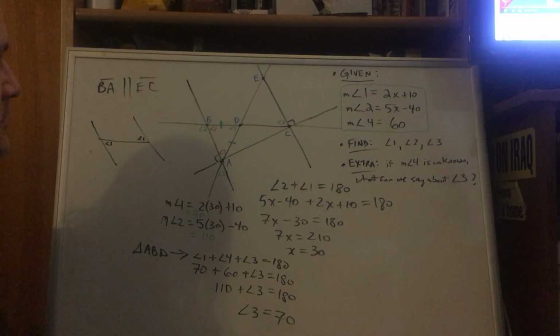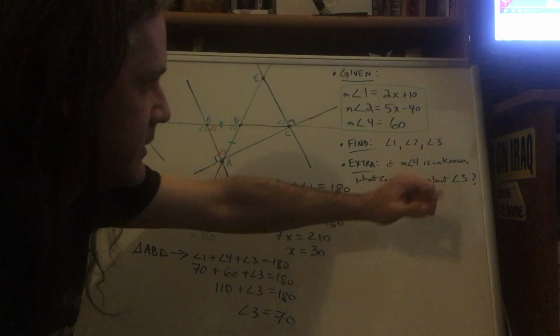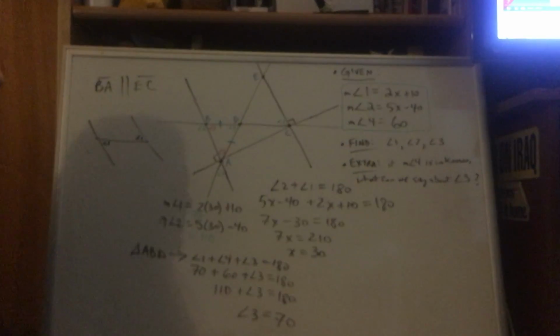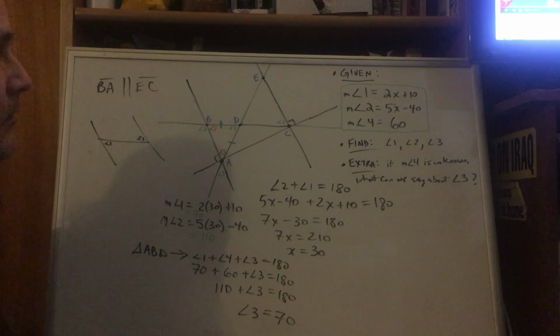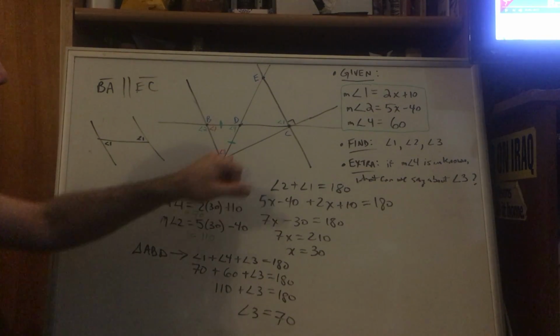Now, is that isosceles automatically? Or is that just because angle 4 happened to be the right angle to make that happen? And that's really what the second extra question is. If we didn't know what angle 4 was, could we find angle 3? Because angle 4 could be anything.